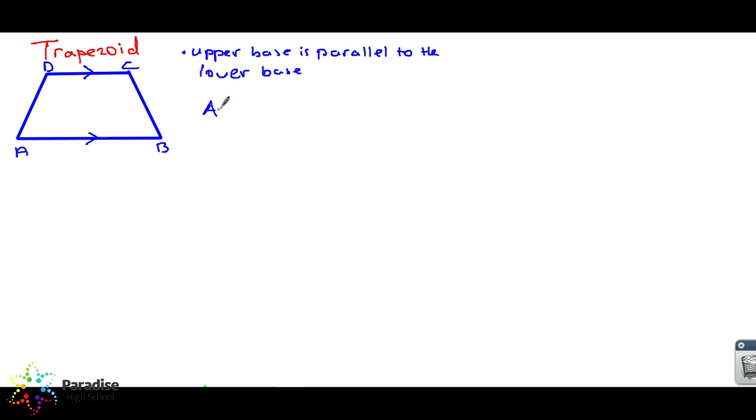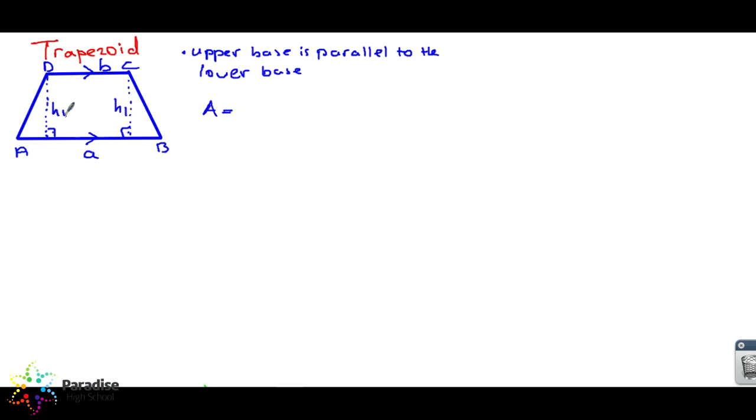And the area is equal to, if you name them, let's say the lower base is A centimeters long, the upper base is B centimeters long. And what is the height here? Let's say this is H1, or you can draw it here. It doesn't really matter where you draw, it's going to be the same because that's a square or rectangle.